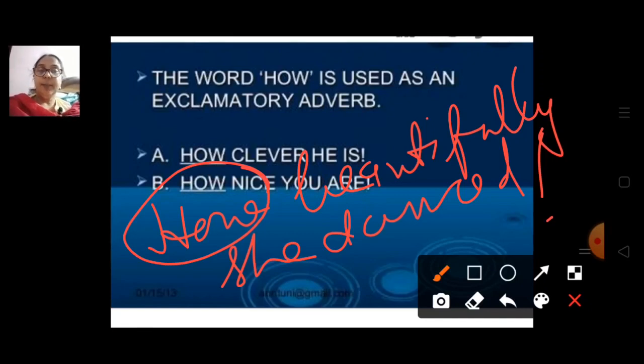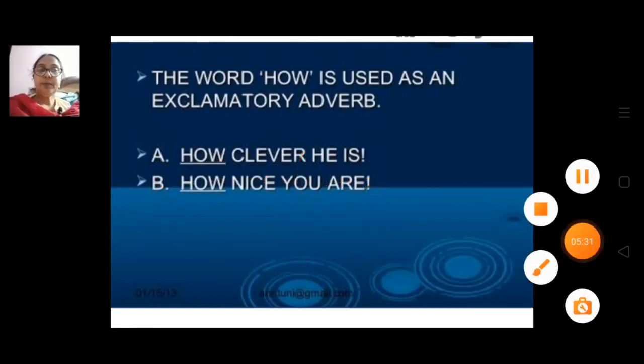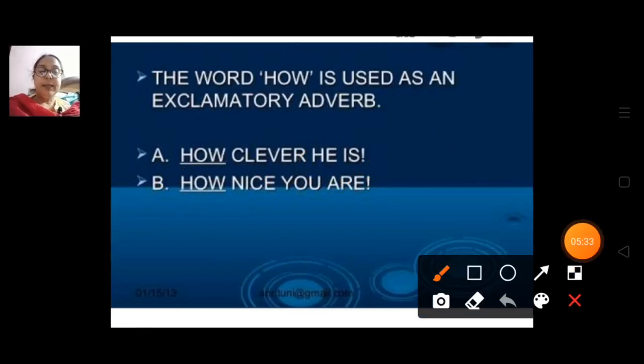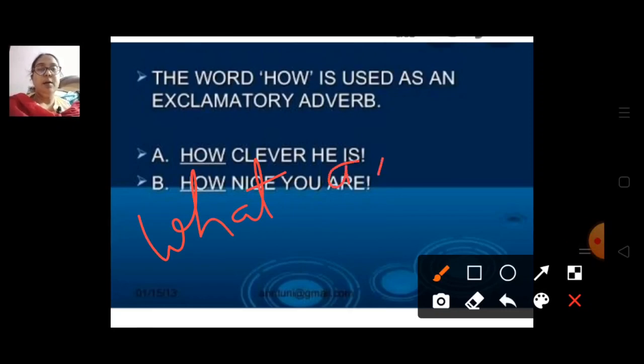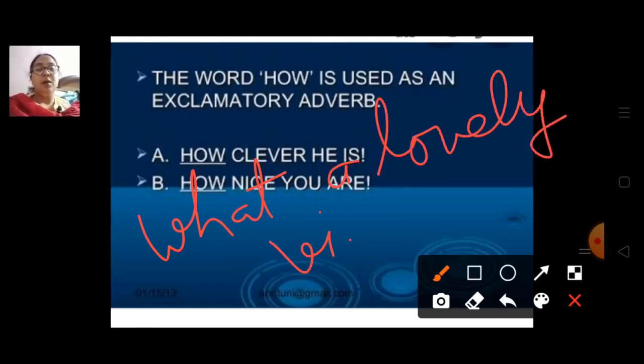Now the next example I am going to give is: what a lovely view. The exclamation mark will be placed. What a lovely view.